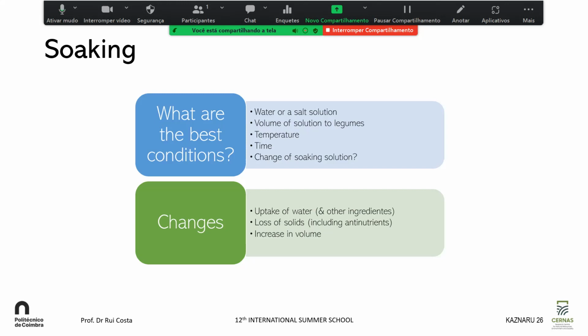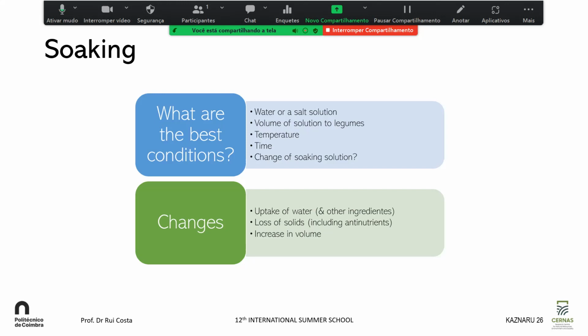What we know is that during soaking, there are several things that we need to take into account. First, of course, the uptake of water. That's what we want. Also, we may want to add some other ingredients or not. And second is the loss of solids, including anti-nutrients.